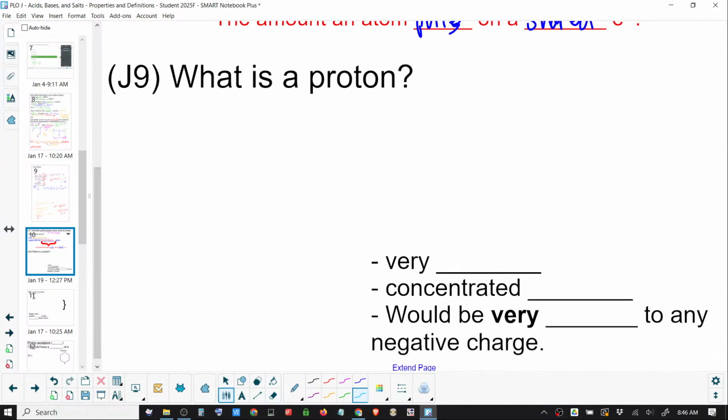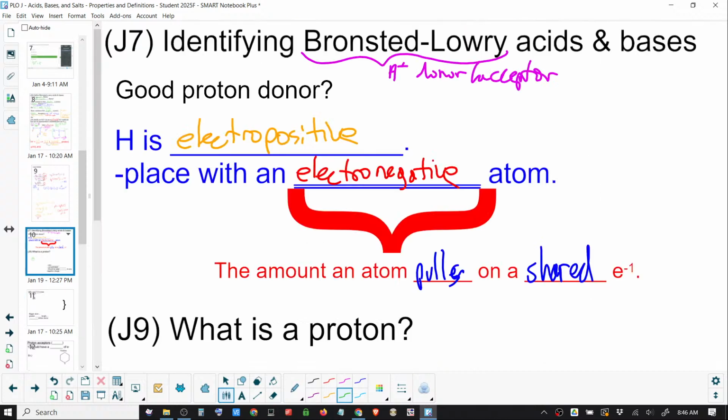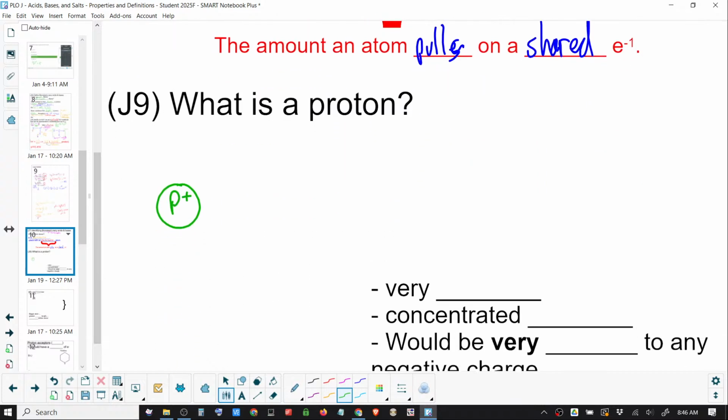In terms of what is a proton? Proton, nucleus. Electron.